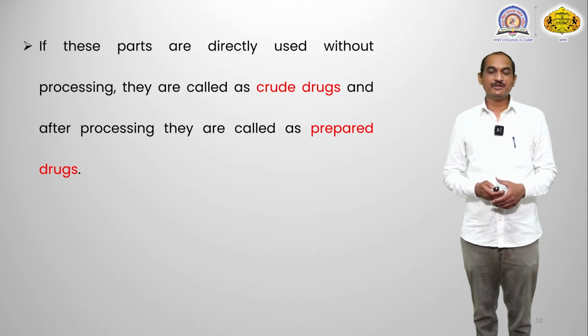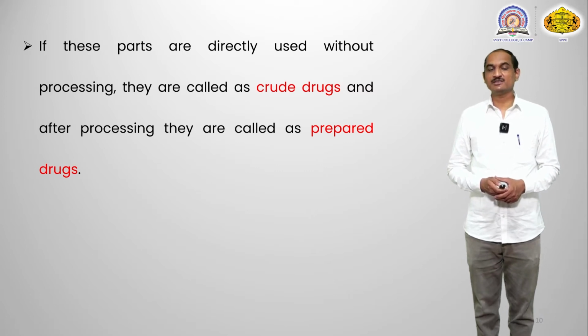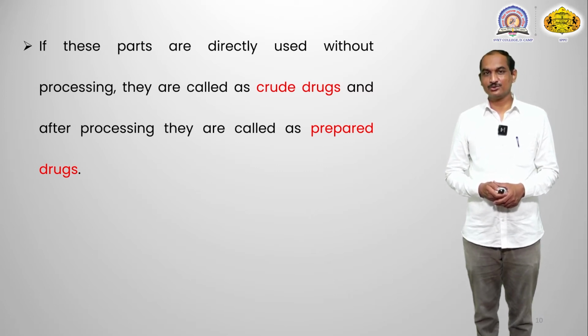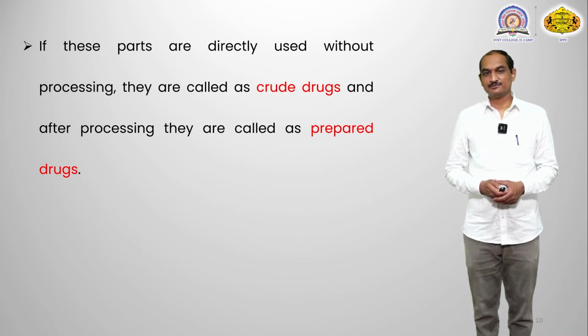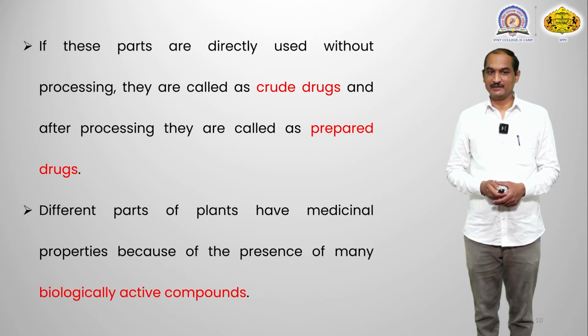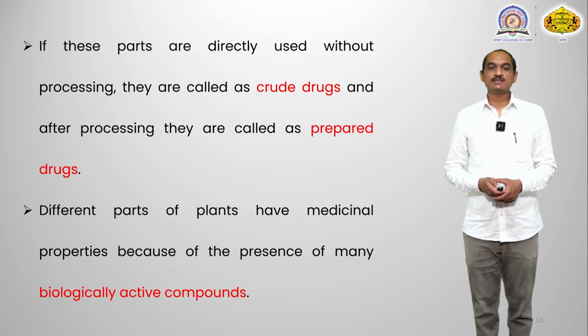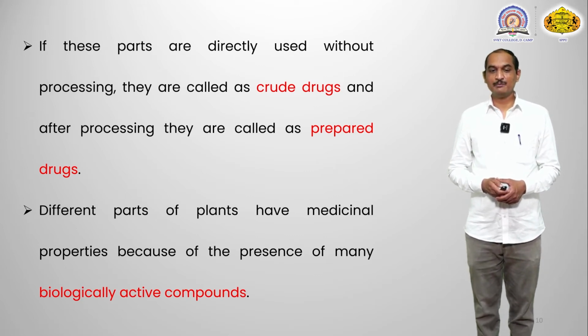Remember that when we use these plant parts without any processing, such a drug is called a crude drug. And when we process those parts and then use them as a drug, it is called a prepared drug.